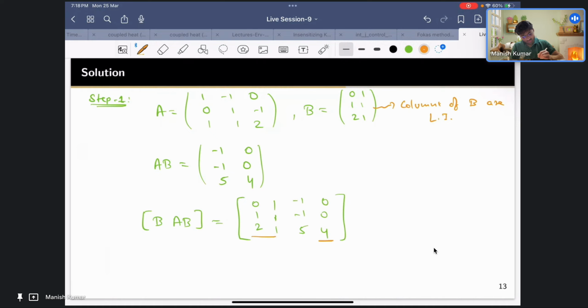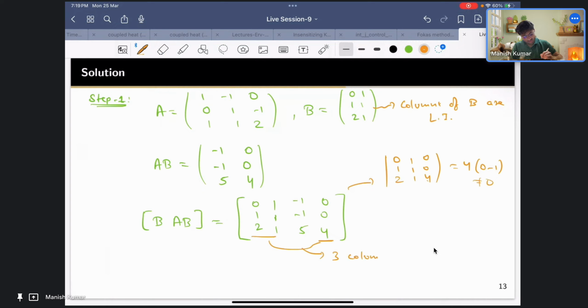Now if you consider the determinant of this matrix, if you expand it along 4, it will be 0, minus 1, which is non-zero. So clearly these three columns are linearly independent. I'm not saying the others are not, but this is easier to check, so that's why I'm writing it.